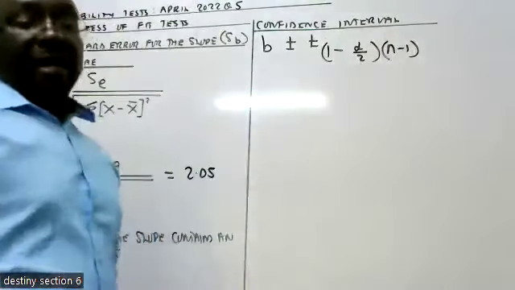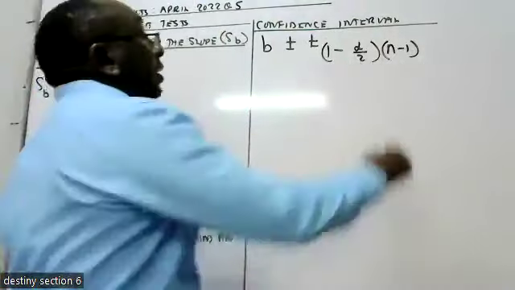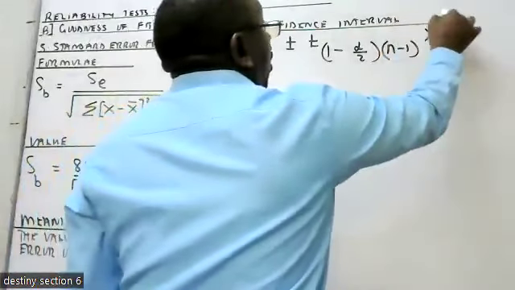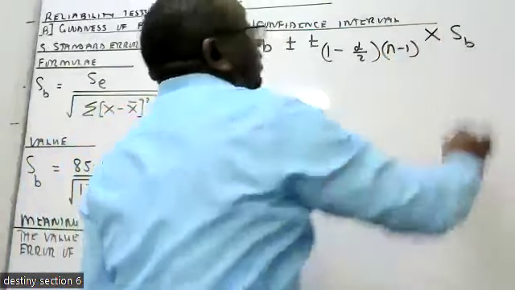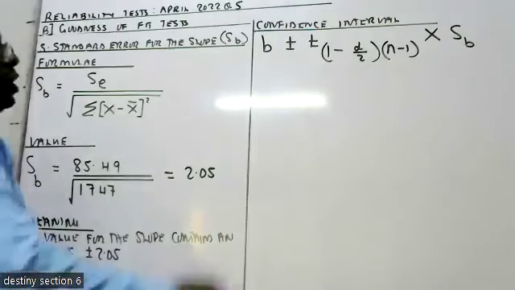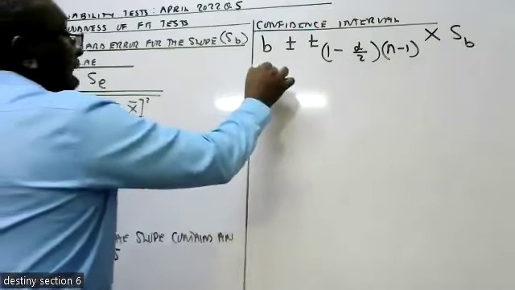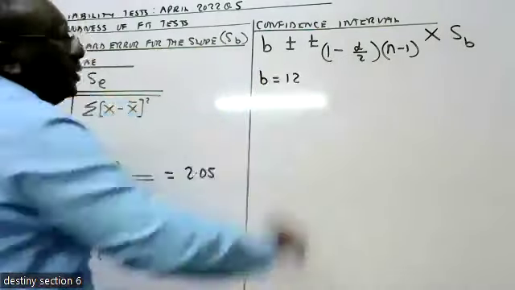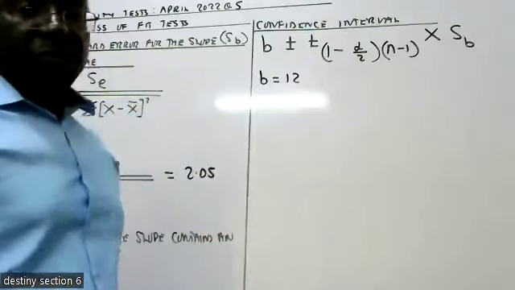We are not now minusing k, it's 1. You multiply all that by SB. We already know from our computations that B is 12.